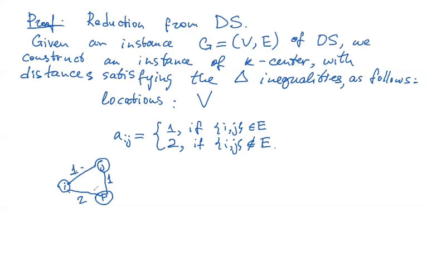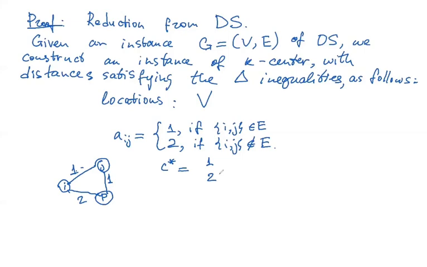Okay. So now another property for this K-center problem is that C star is either 1 or 2. So 1 or 2 are the only possibilities for the optimal solution for the K-center problem, because the objective of the K-center problem always corresponds to one of the distances between the locations.